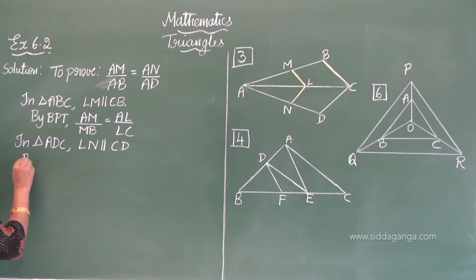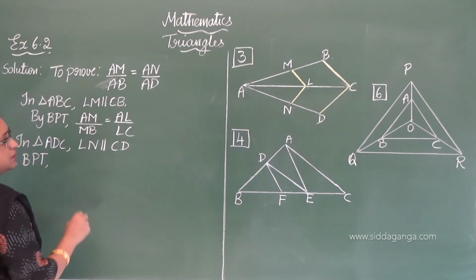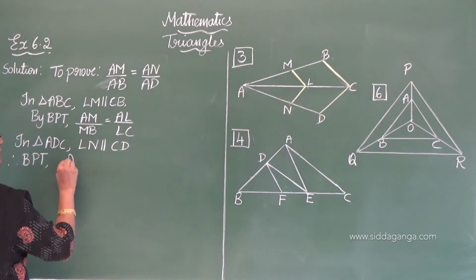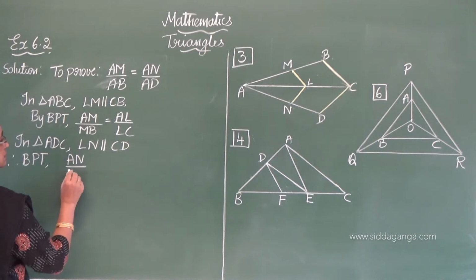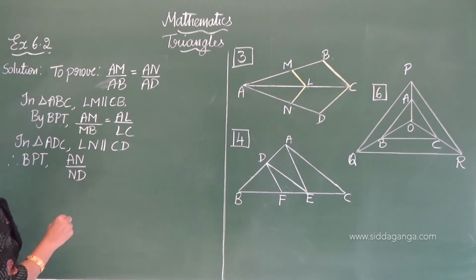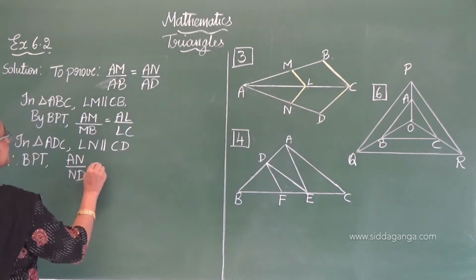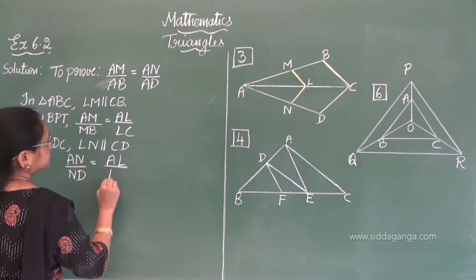Therefore, by BPT, in this triangle just observe, AN by ND is equal to AL by LC.